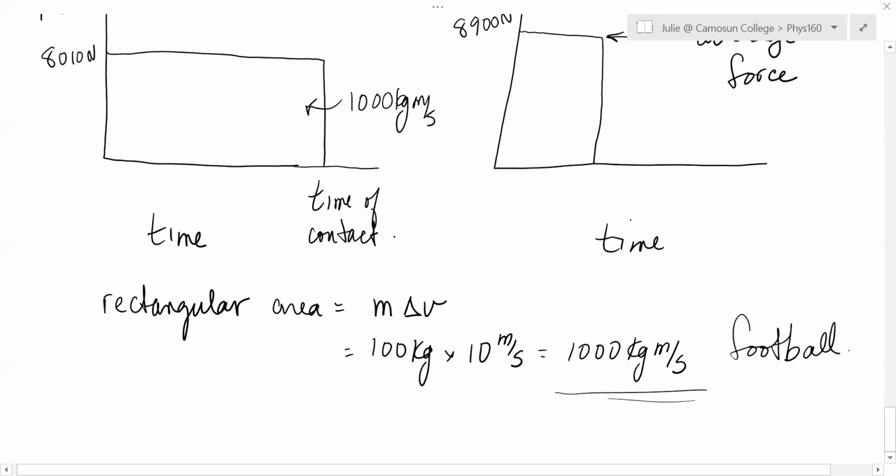The gymnast, on the other hand, so that's the football player. I keep calling it a gymnast, cheerleader. The cheerleader, this area would be her mass, 60. Now, when you fall, it said she fell from 18 feet. I'm not sure if it was actually 18 feet in the video, but 18 feet is about 5.5 meters or something. You're only going about 5 meters per second just before you hit the ground.